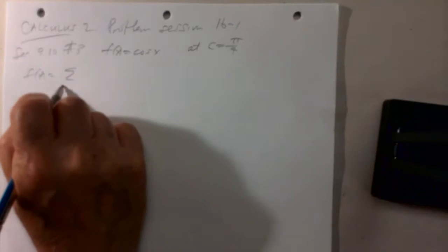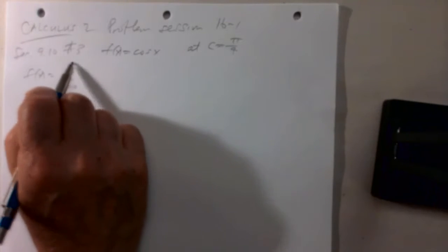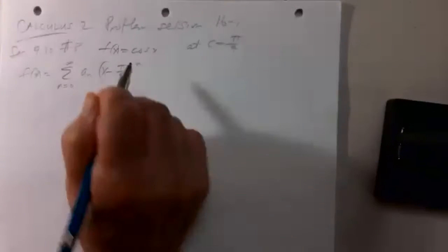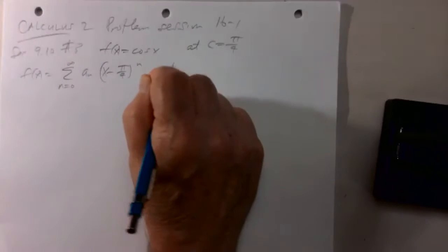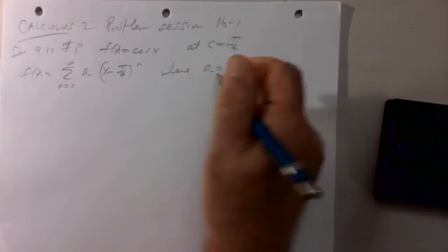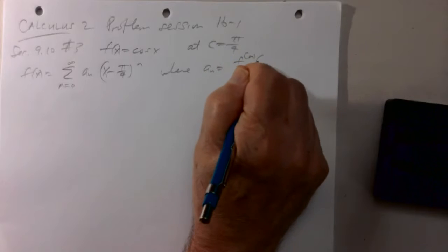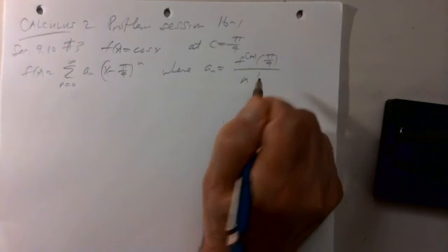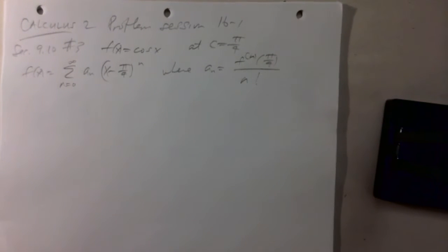So the Taylor series will be a series of the form summation n goes from 0 to infinity, a sub n, x minus pi over 4 to the n, where a sub n is the nth derivative of the function evaluated at pi over 4 divided by n factorial. Right? So that's the definition of the Taylor series.